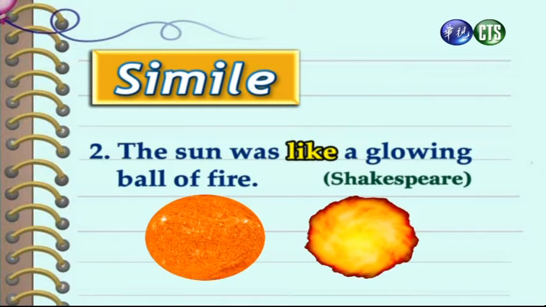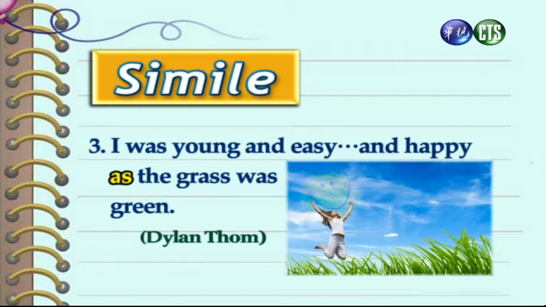Let's take a look at some more examples now. We have this one. The sun was like a glowing ball of fire. All right, and go on to number 3. I was young and easy and happy as the grass was green. All right, we'll look at one more.